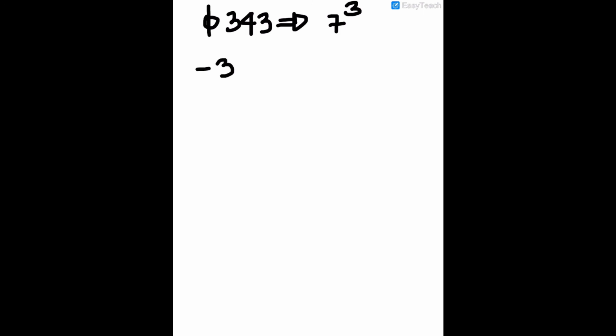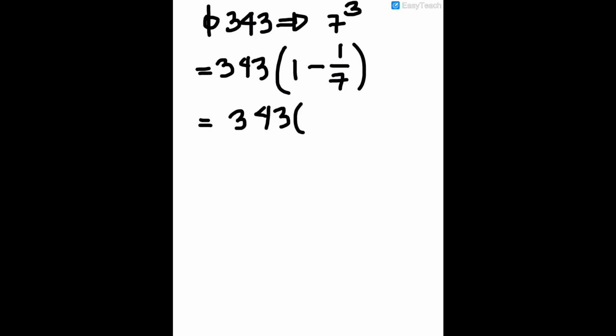So copy 343 times 1 minus 1 over 7, which is 6 over 7. Then we are going to multiply 343 and 6 over 7, and this will result to 294. So therefore, the phi of 343 is 294.